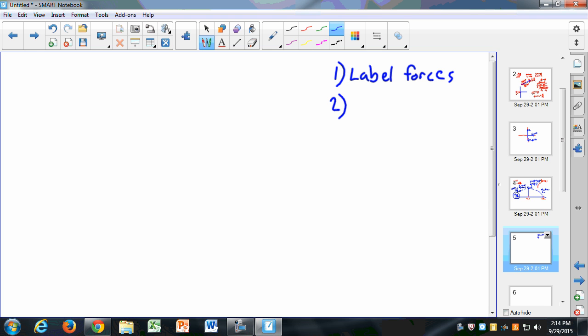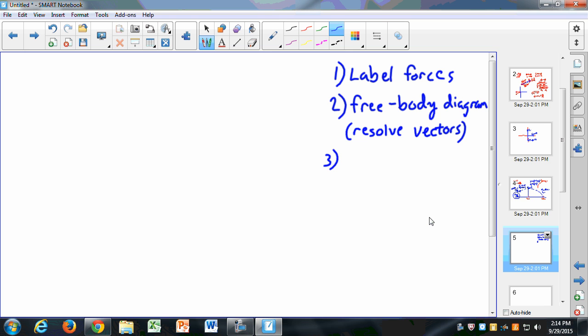Label the forces, draw a free body diagram. That's just that coordinate system with all of my forces on it. Again, this is going to be part of your problem, so you'll get credit for that. Also, resolve your vectors. And when you draw your free body diagram, I'll ask that you resolve the vectors on that free body diagram.